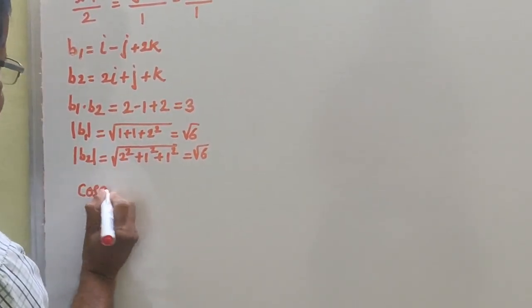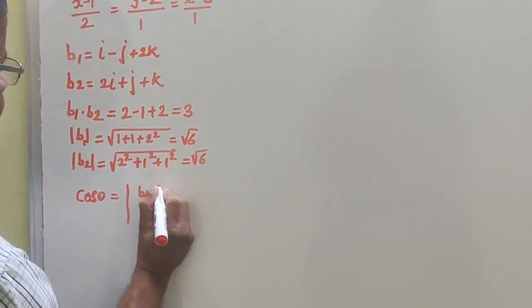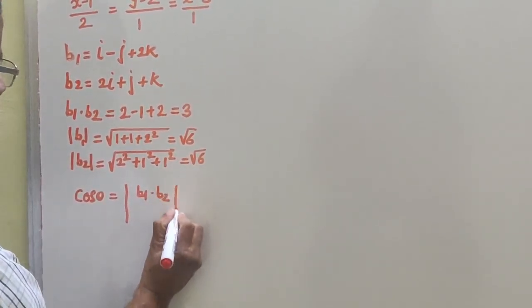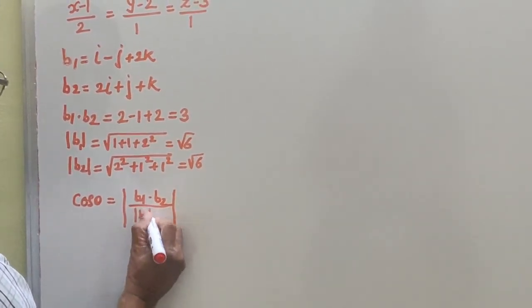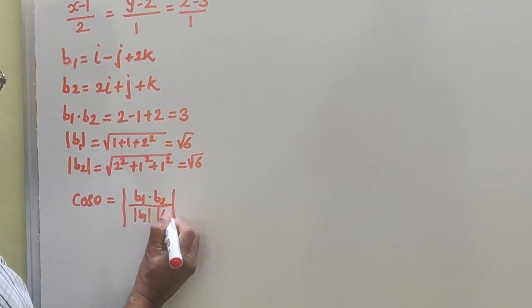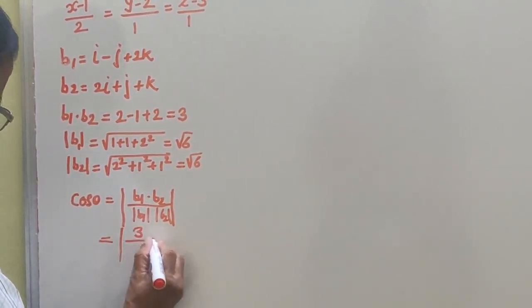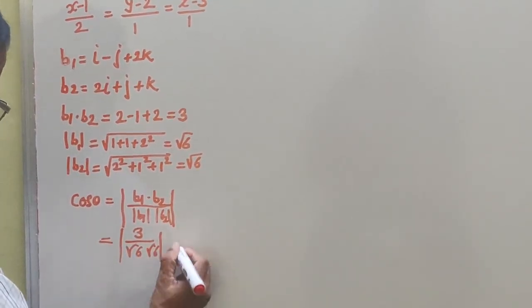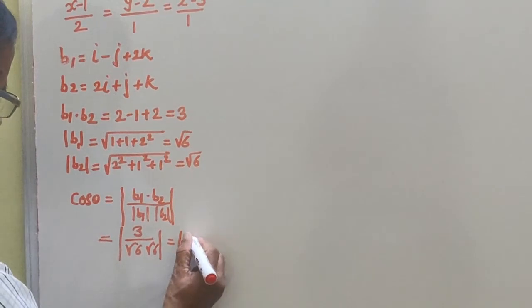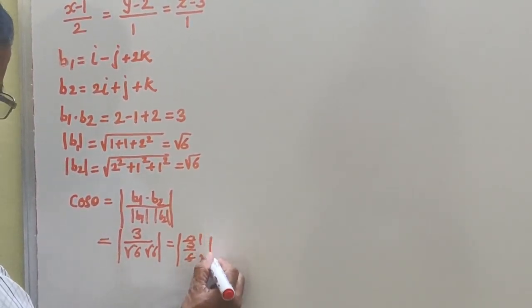Cos theta is equal to b1 dot b2 upon modulus of b1 into modulus of b2. Now the value of this is 3 upon root 6 into root 6. Now what will come here? 3 upon 6 will come here, and the value of this is 1 by 2.